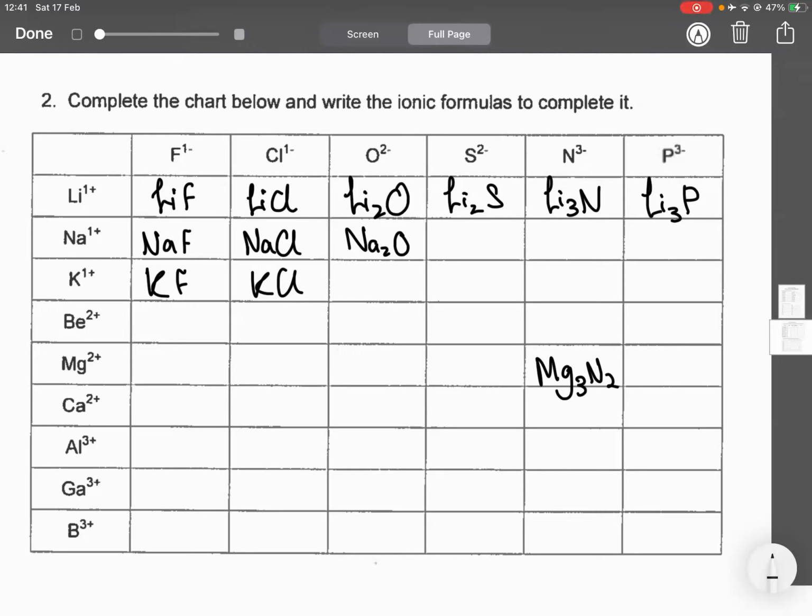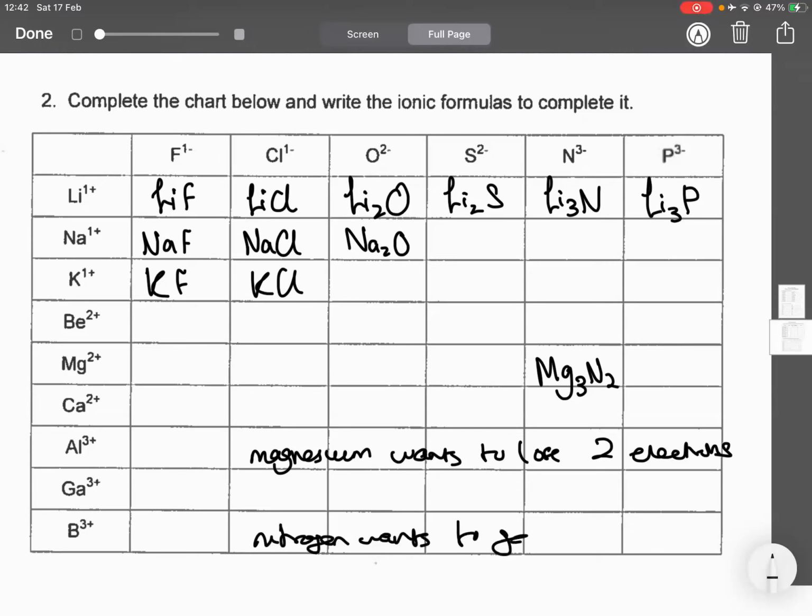Basically, what does magnesium want to do? Magnesium wants to lose 2 electrons. And how much does nitrogen want to gain? Nitrogen wants to gain 3.